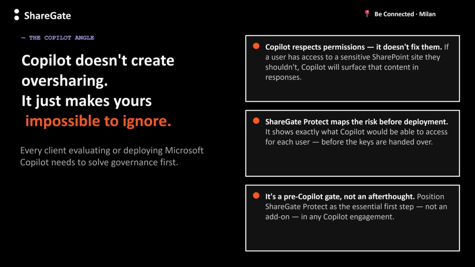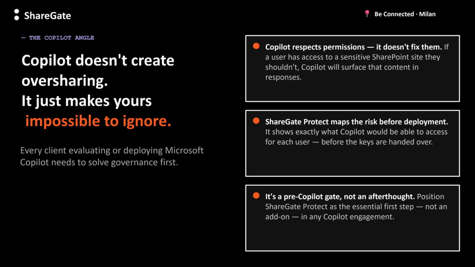And something that you should not and cannot ignore, because you could potentially be surfacing data that is not appropriate. As I mentioned before, in terms of Copilot, it respects permissions, but it will surface information. It doesn't say, oh yeah, this is broken. This information is accessible by everybody, so that information is going to be surfaced.